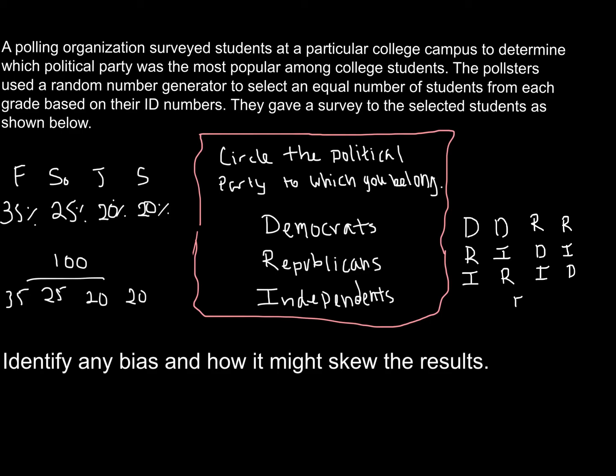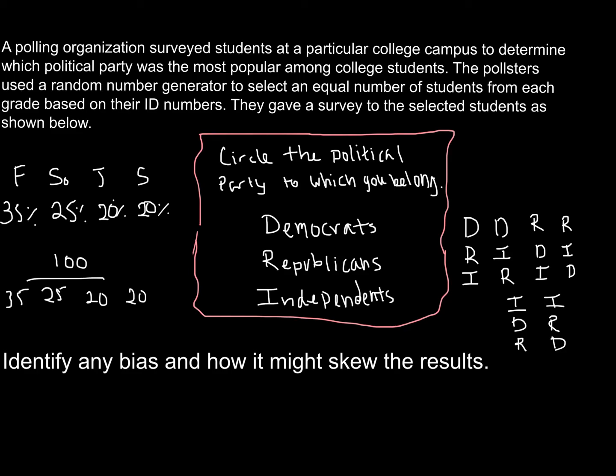And if you put the Independents first, you could have Democrats second and Republicans third. And if you put Independents first, you could also have Republicans second and Democrats third. Okay, so there would be 6 different possible surveys that you could give out. All right, we'll have one more here.